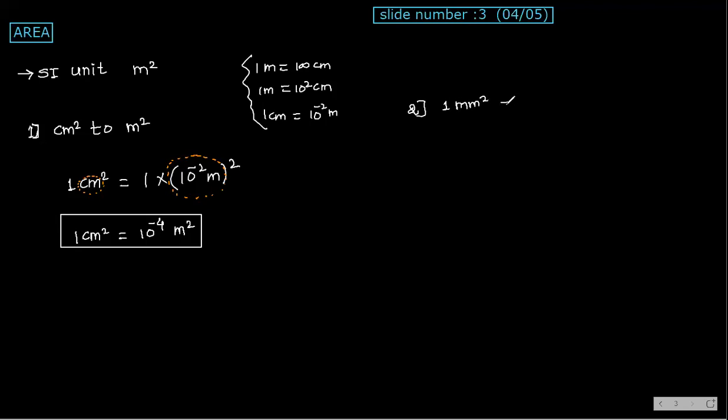Then who will tell me how to convert 1 millimeter square to meter square? 1 millimeter square is equal to 1 into 10 power minus 3 meter whole square, so 1 into 10 to the power minus 6 meter square.